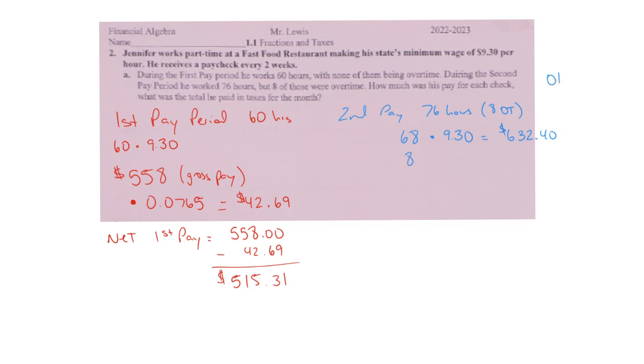So OT is going to be equal to time and a half. So half of 9.30 is 4.65. So we're going to have 9.30 plus 4.65.